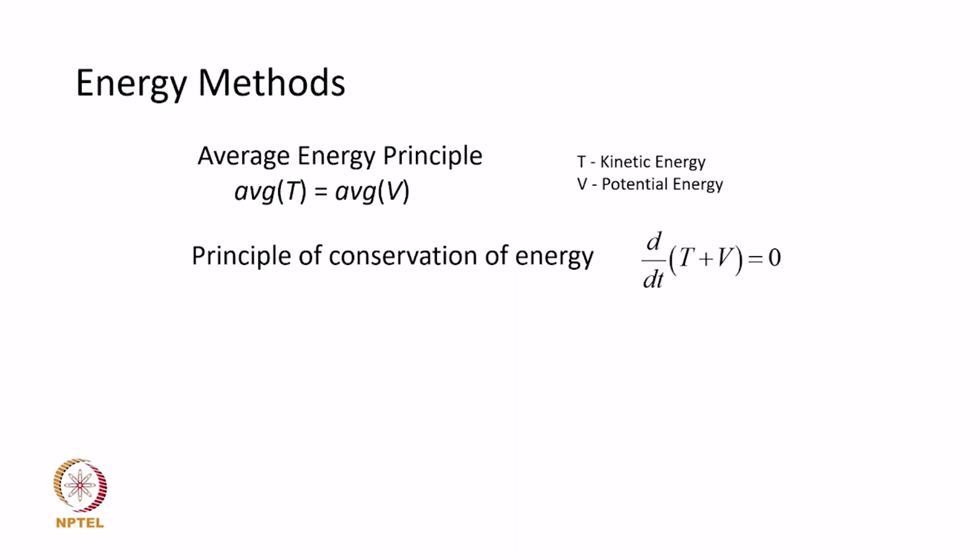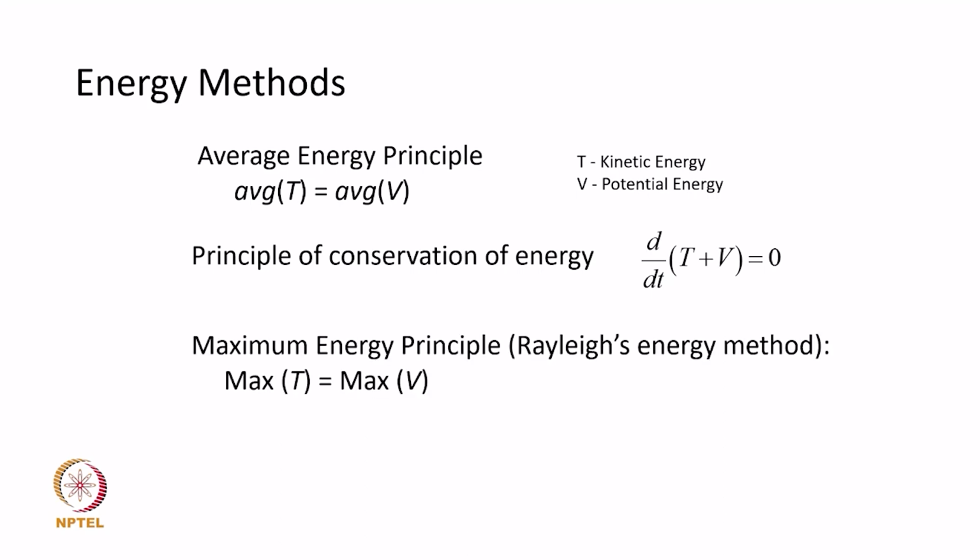So, either you write T plus V is equal to constant, or the time derivative is 0. The solution of this equation will lead you to the governing equation of motion. The other method, which is in a way similar to the first one, is to equate the maximum kinetic energy and maximum potential energy.